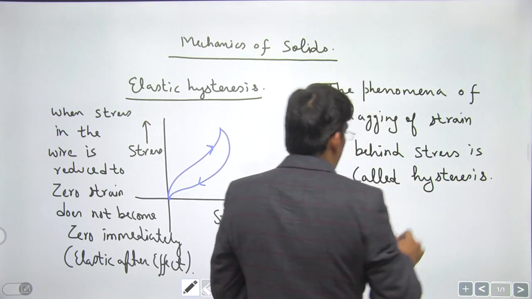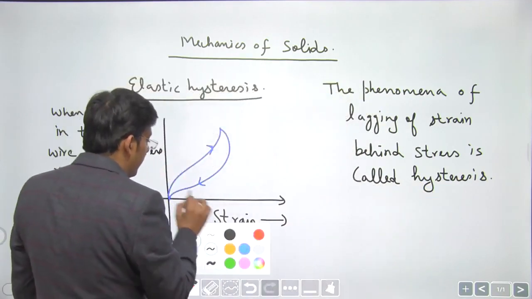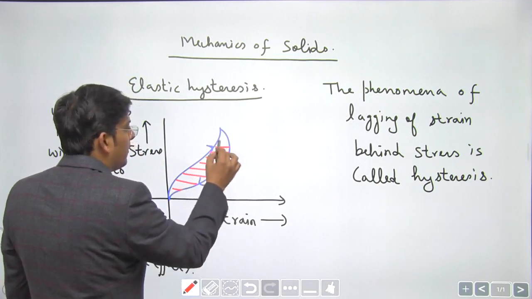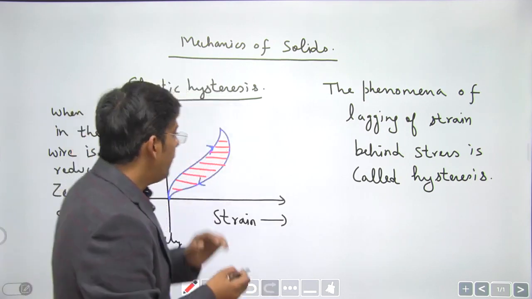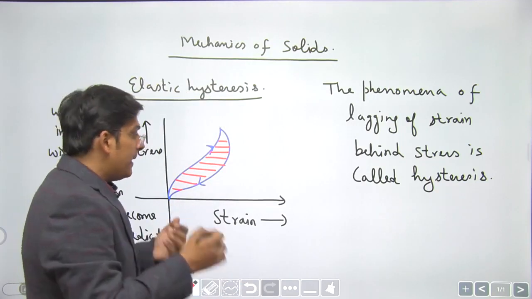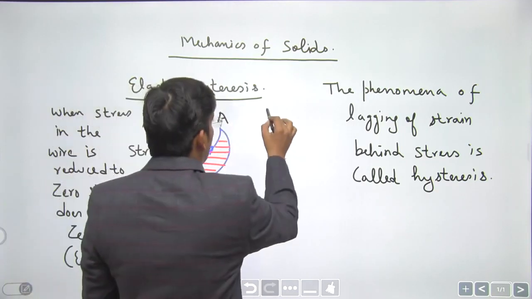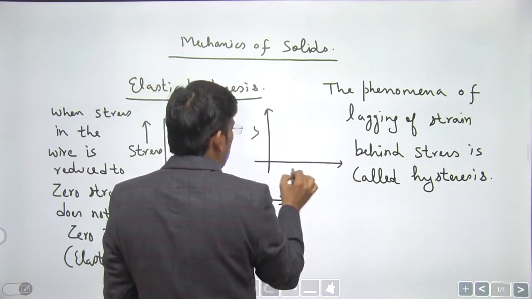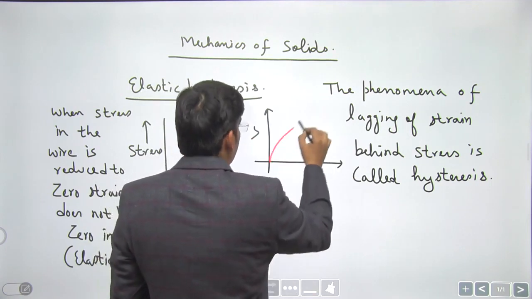Right. Now, the area of this hysteresis loop, just like in magnetism and matter, gives the energy lost during deformation and reformation. Suppose rubber A has a narrow hysteresis loop, and suppose there is a rubber B, obviously this is stress versus strain, that has a broad hysteresis loop.